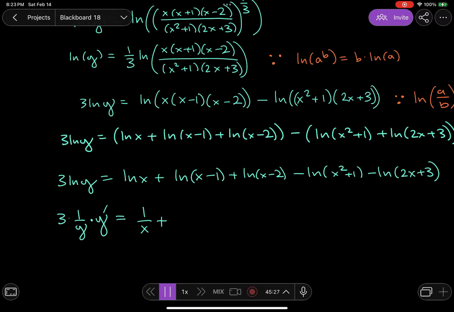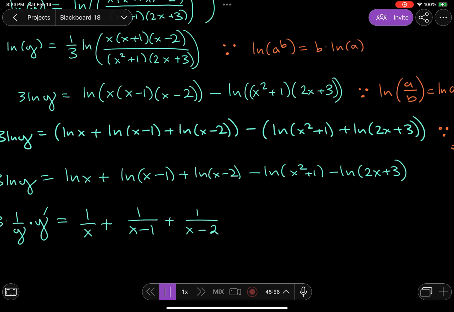Plus the natural log of x minus 1: its derivative is 1 over x minus 1 times the derivative of x minus 1, but that's just 1. And then plus the derivative of the natural log of x minus 2. That's going to be 1 over x minus 2.